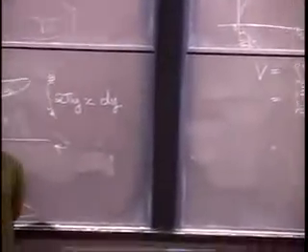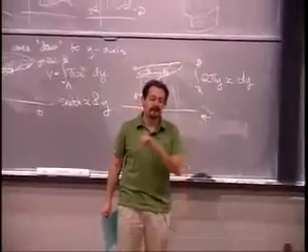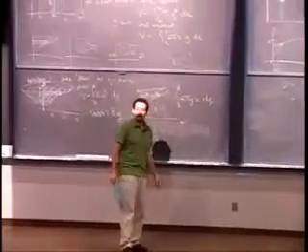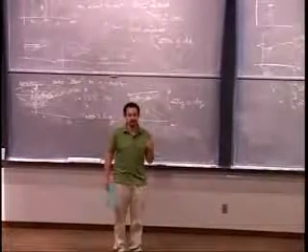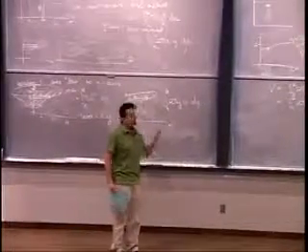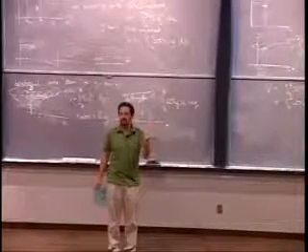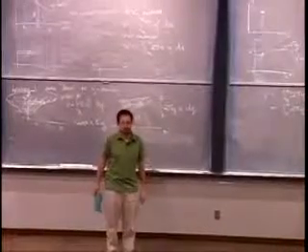Does anyone have any questions about it? Areas down to the y-axis. You see how to adapt the two basic formulas to this case. I hope you can see it in two ways. One, just by switching x and y, and two, by actually drawing the strip and revolving it around the appropriate axis and seeing whether you get a shell or a disk and what the volume of that entity is.